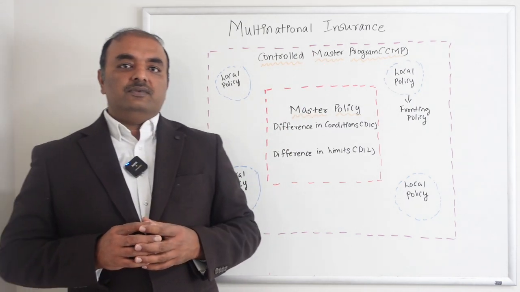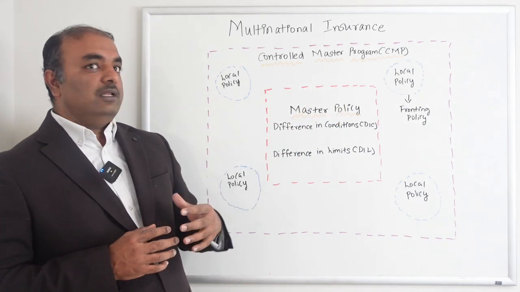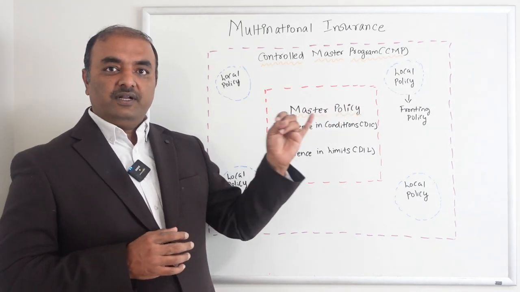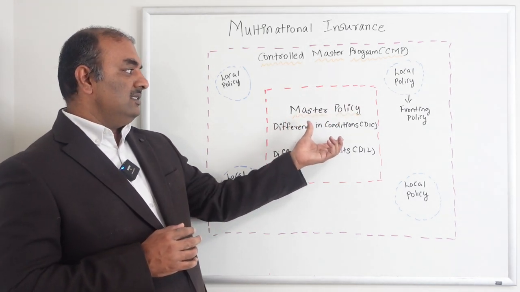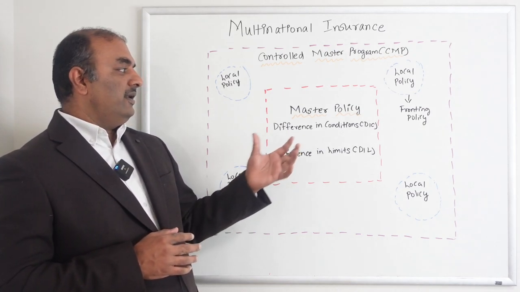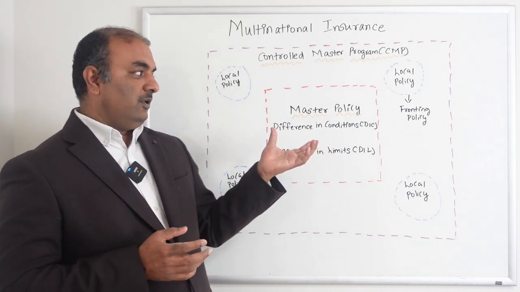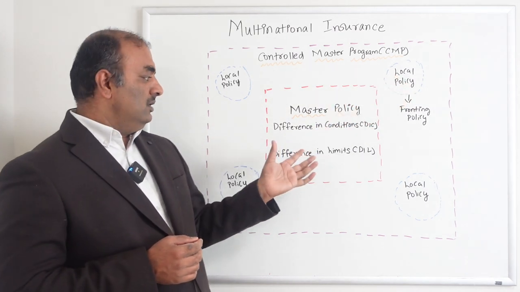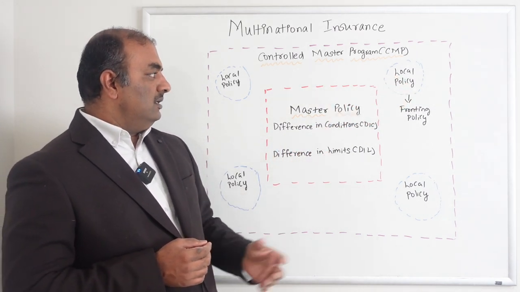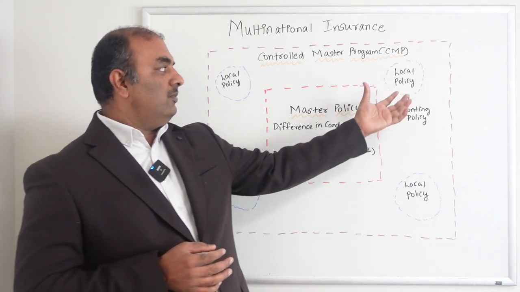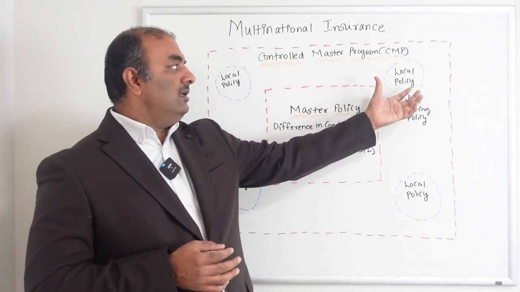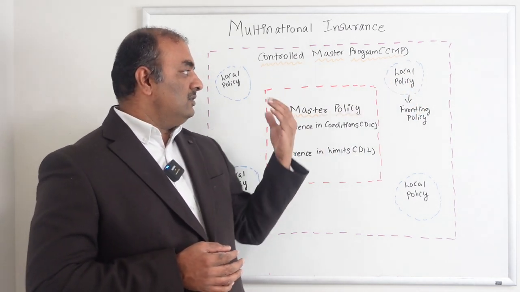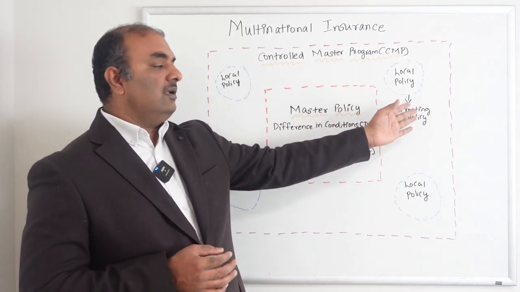If there are restrictions or limitations in local policies in terms of coverage, we'll have this difference in conditions where you can provide any coverage that the customer needs through the master policy. Similarly, if the limits are less in the local policy, that can also be addressed through the difference in limits provision. Plus those policies that you issue locally, you can reinsure the entire coverages to the master policy through a fronting policy.